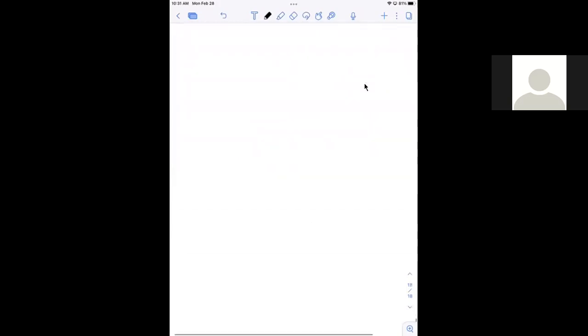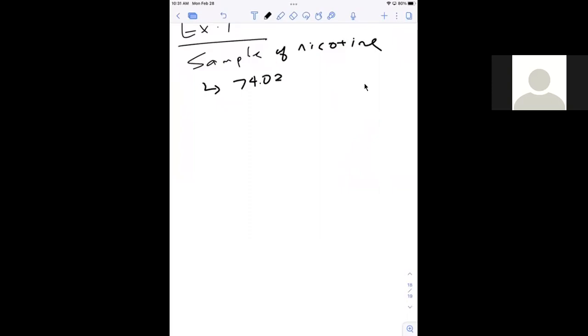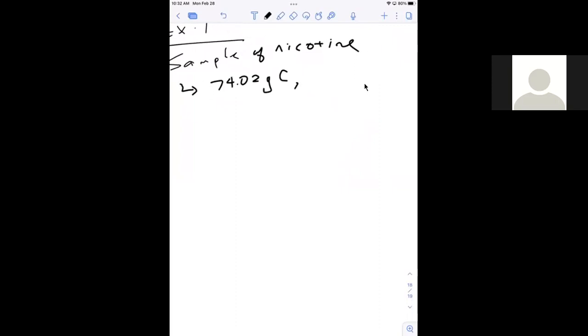So we have an example that we're going to do with nicotine. The example gives us a sample of nicotine. All right. And it has a percent composition of 74.02 grams of carbon, 8.710.